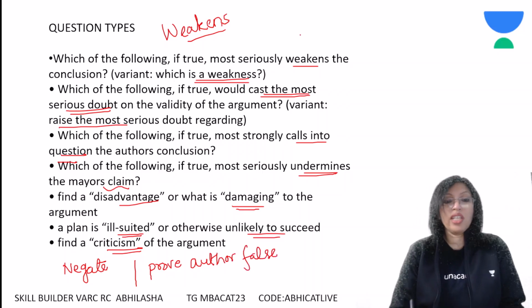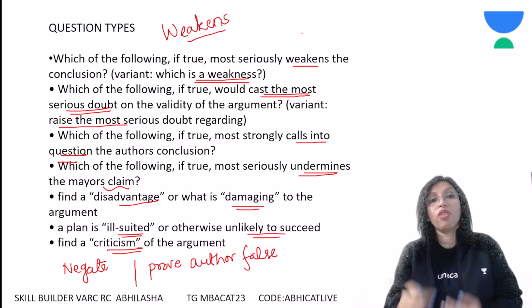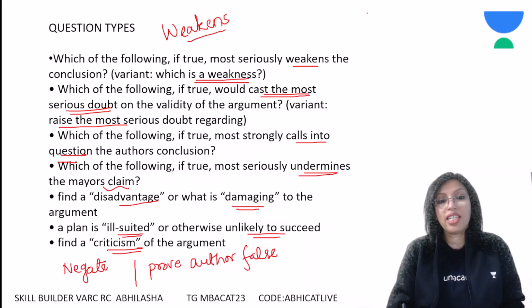So any of these question types, when you are talking about weakening an argument, let us say the author's conclusion is C. So there can be three ways of weakening it. Number one, you directly falsify it. So you can say it is not C. Number two is you can find an alternate solution.